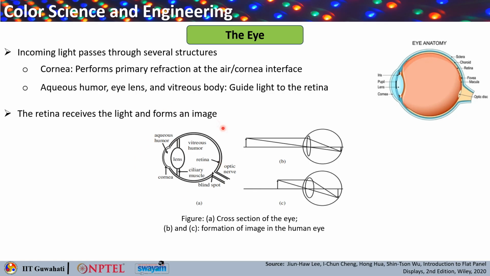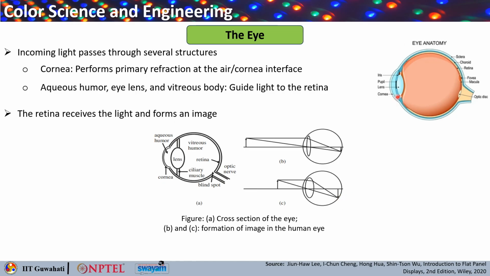This is typically how a cross section of an eye looks, and here you see two instances: how a far object's image is formed in the human eye, and how a relatively nearby object's image is formed on the retina.